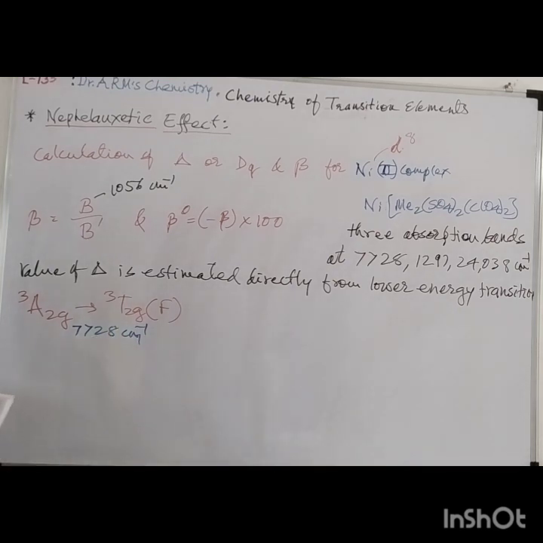So this is equal to 10 dq. Therefore, dq is equal to 773 per centimeter.